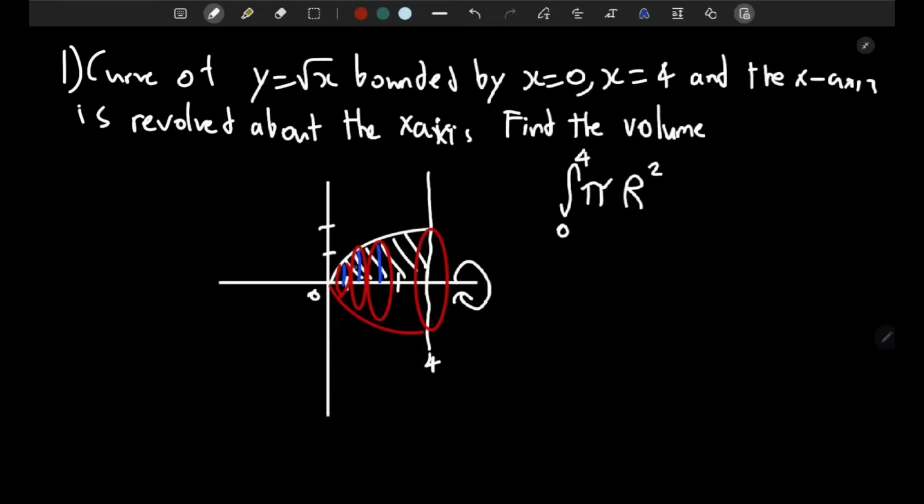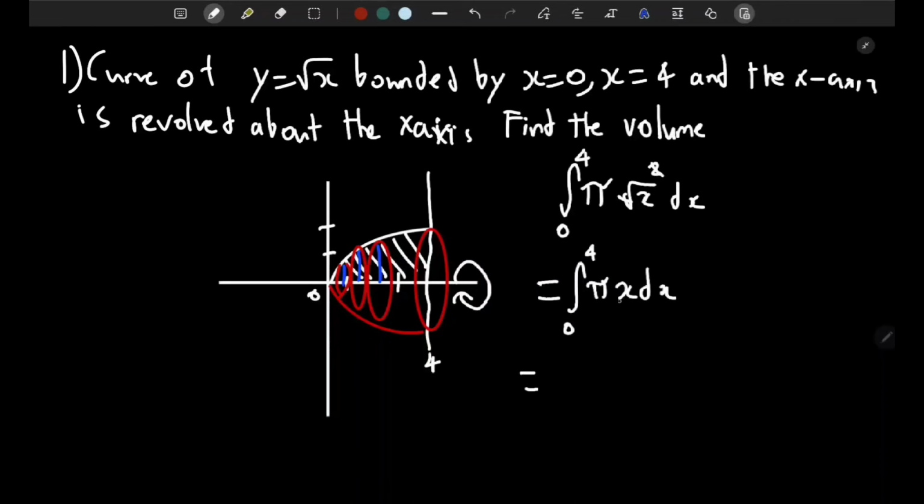Since every time we are going forward, the radius is simply radical x. So here we can replace it with radical x. The squared cancels out with the radical, and we are left with the integral from 0 to 4 of pi x dx.